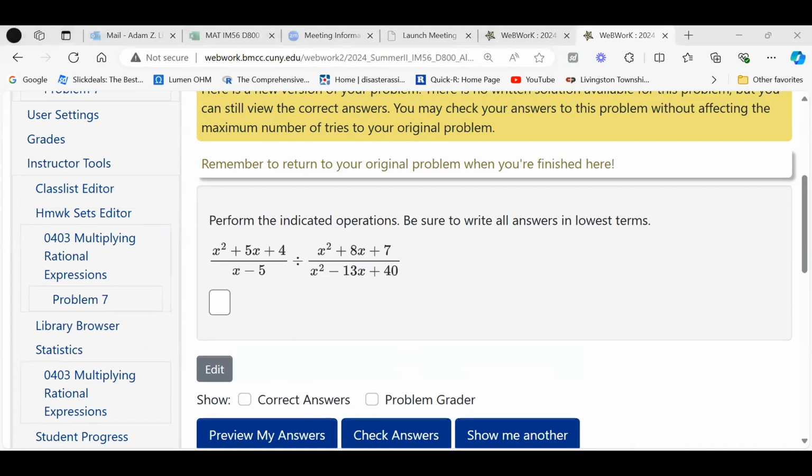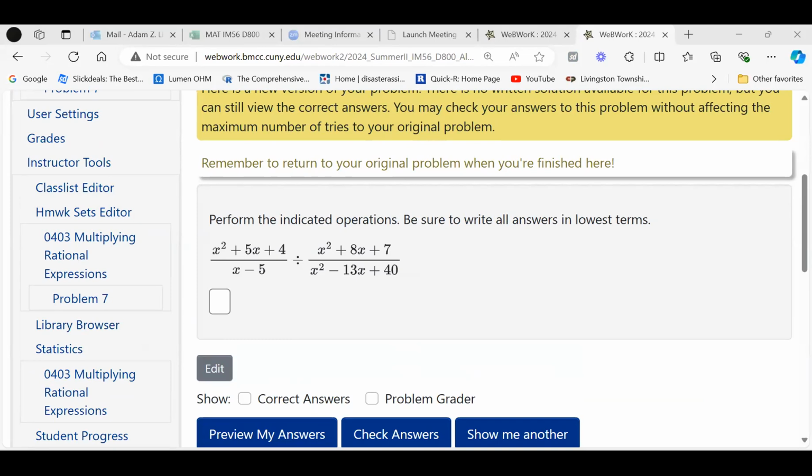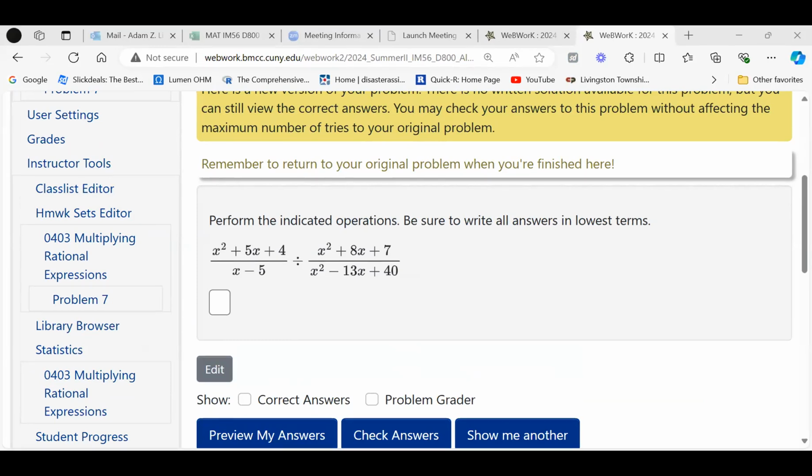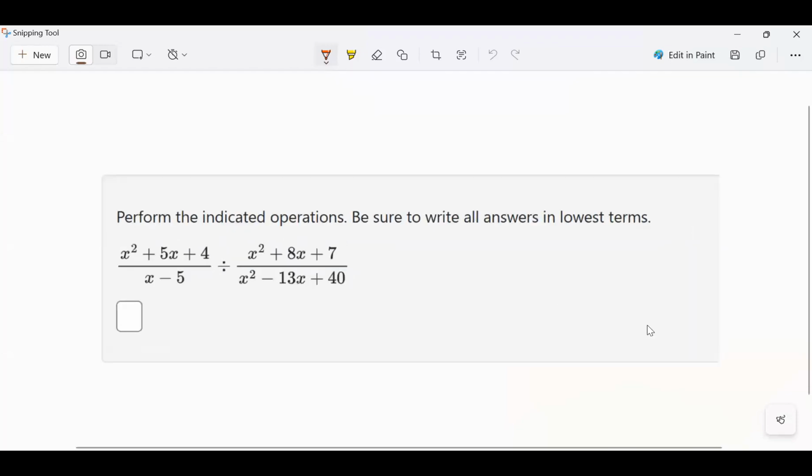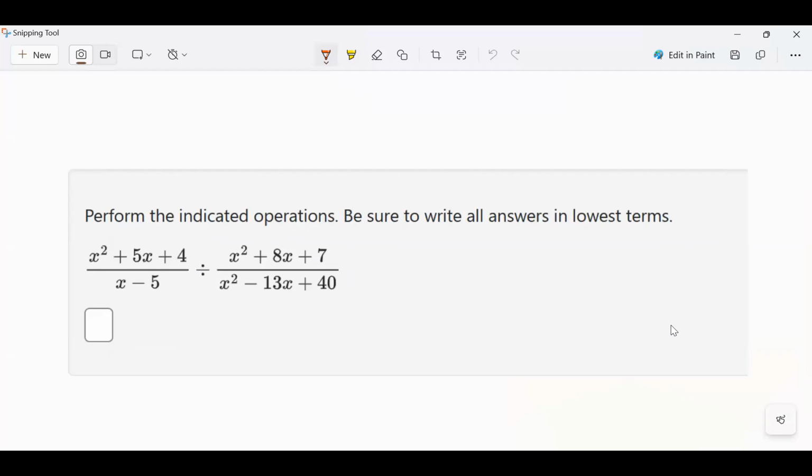Okay, you try it. Yeah, quickly, maybe let me just write down some of the factoring stuff, right?